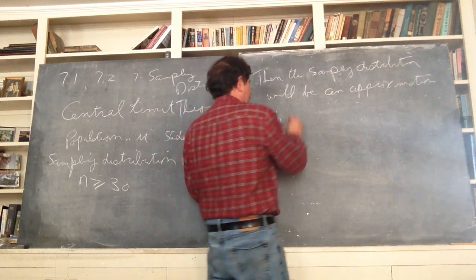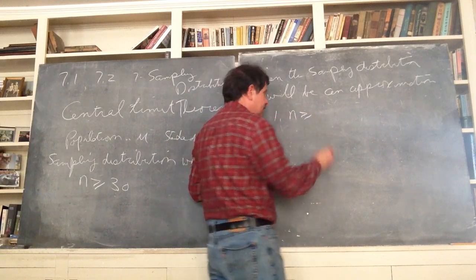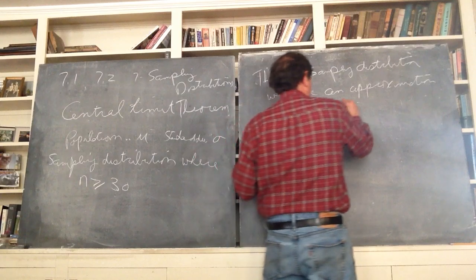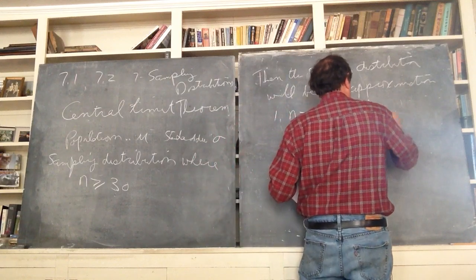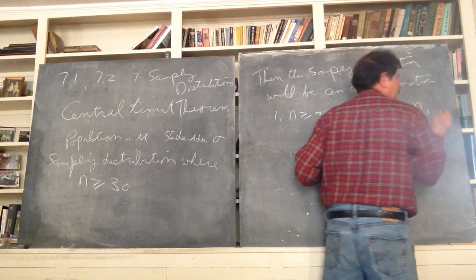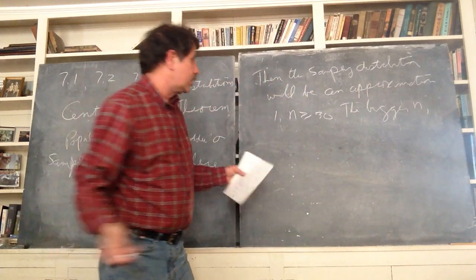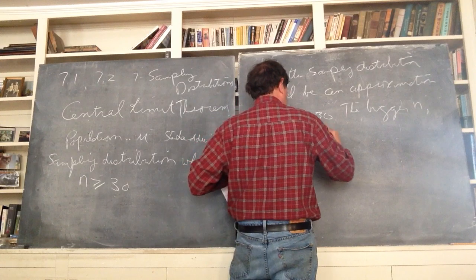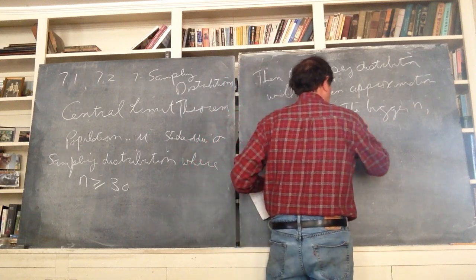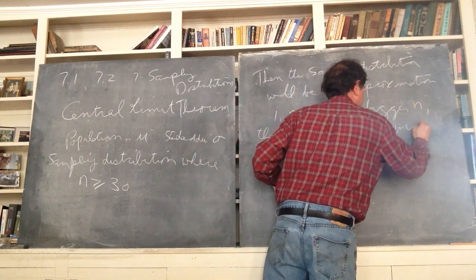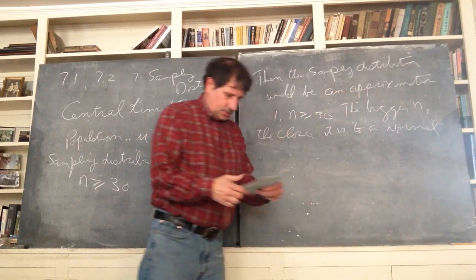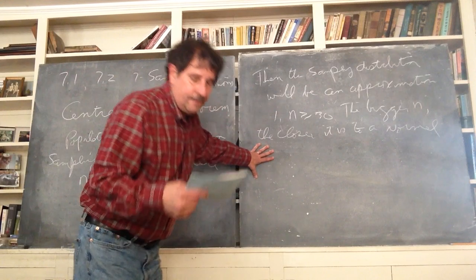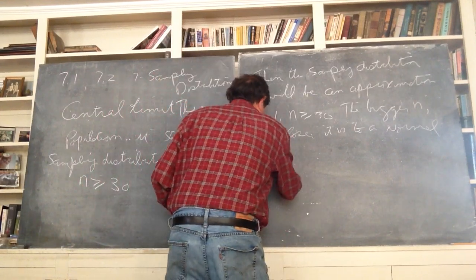There are 3 parts. First, n is greater than or equal to 30. The bigger n is, the closer it gets to a normal distribution. Then there are 2 other parts.